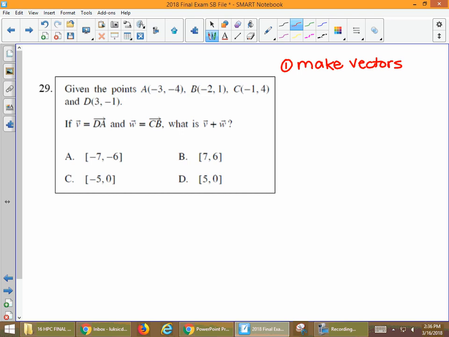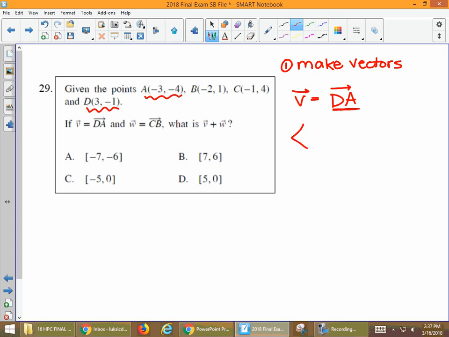So we need to make the vectors, and vector v is VA. That means the initial point is V and the terminal point is A. So I want to do A minus V to find that vector.